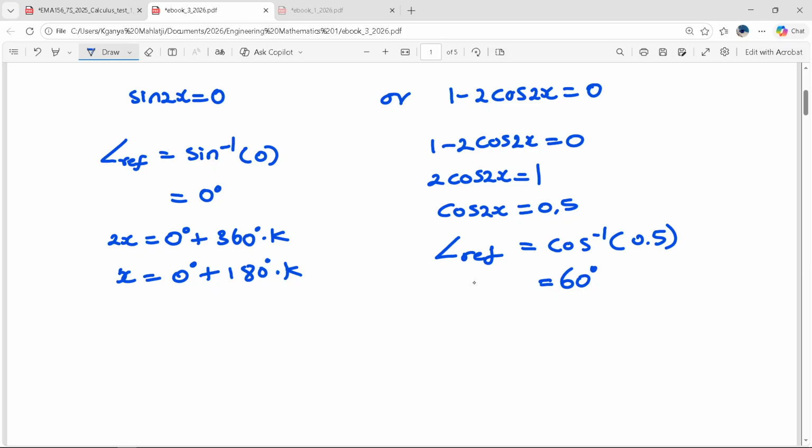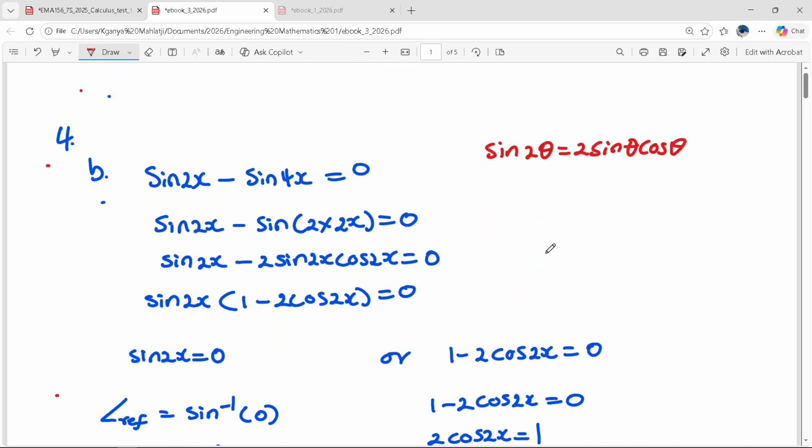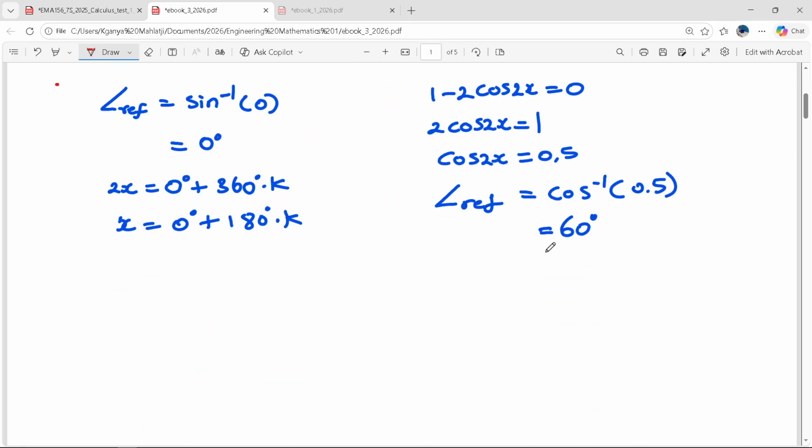Then you will use your Cartesian plane. Let me draw it here. In the first quadrant, all are positive.